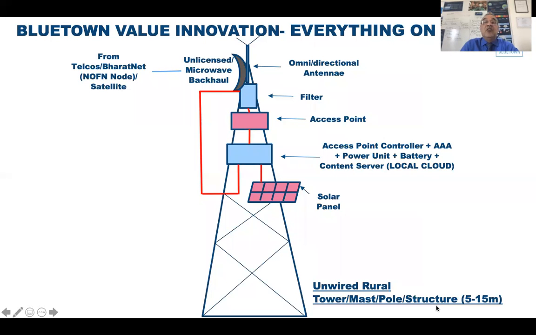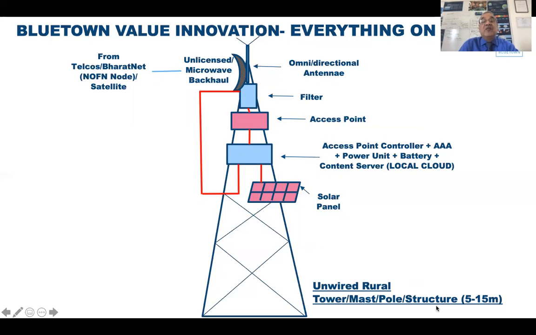So what we do in a village, we find a structure, a mast or a pole or a tower, and if nothing is there, we create a 5 meter structure actually. On that we put everything: the dish to get the backhaul from the nearest optical fiber point of presence from a telco or a government scheme, which may be 2 kilometers or 5 kilometers.